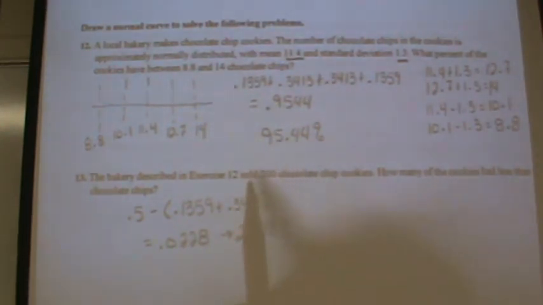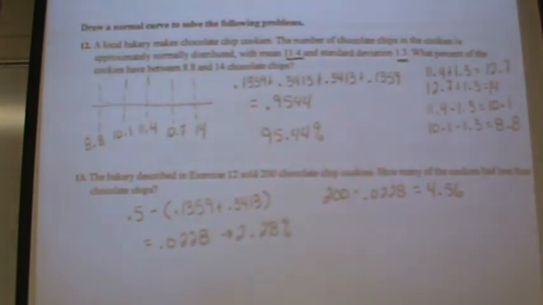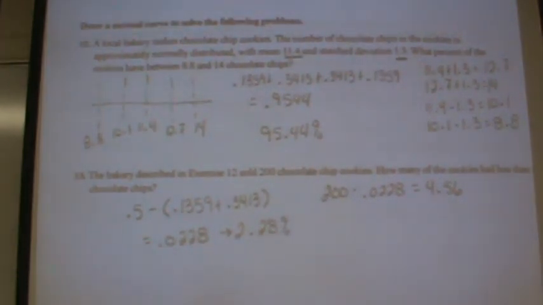And we want to know what 2.28% of 200 is, because it wants to know out of those 200 cookies. So we're going to take 200 and multiply by 0.0228. That's going to give us 4.56. And this one we're going to round because they didn't sell half of a cookie.